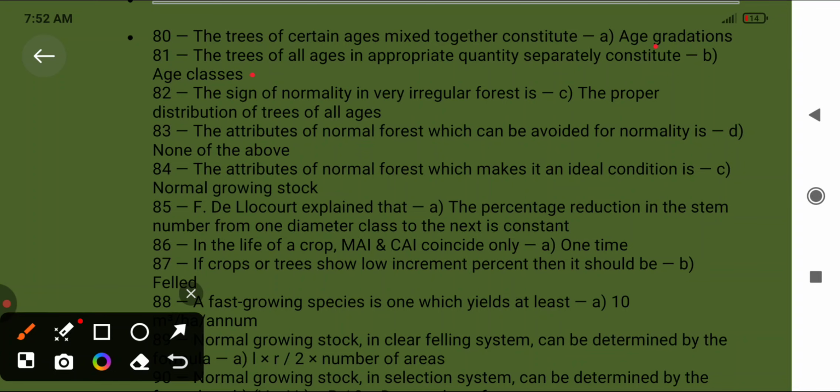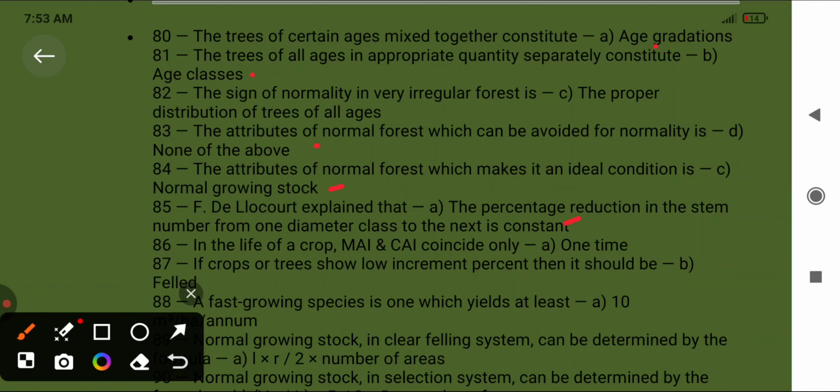The attribute of normal forest which can be avoided from normality is none of the above. The attribute of normal forest which makes it an ideal condition is normal growing stock. F.D. Lycott explained that the percentage reduction in the stems number from one diameter class to the next is constant.